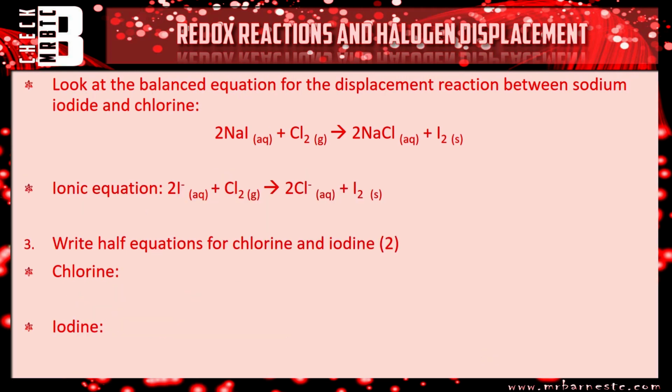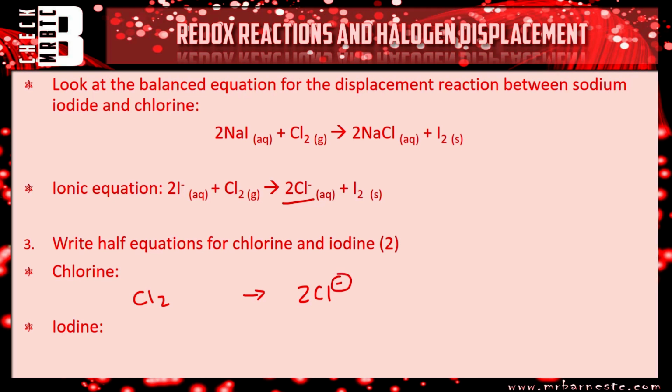If we move on to the half equations then. So if we start off with chlorine, chlorine is starting off as Cl2. We know we're going to end up with 2Cl- because it tells us up here. How do we get from here to there?